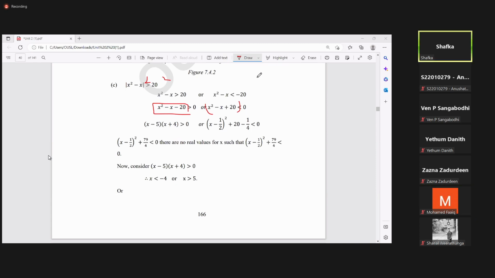When you try to get the solutions, you have (x minus half) whole square plus, when you multiply, this comes as 80 minus 1, 79 over 4, and this whole thing is equal to 0. So what can you say about this?